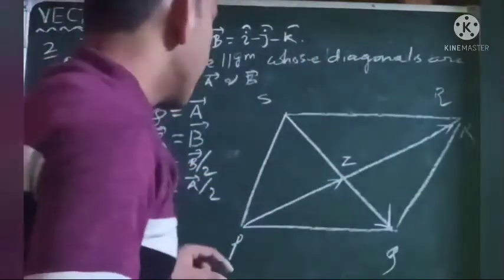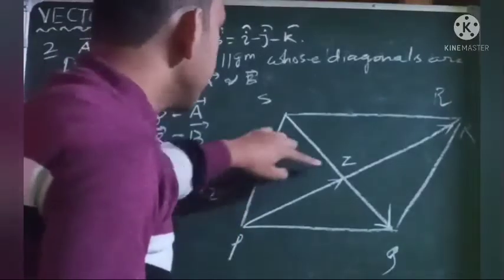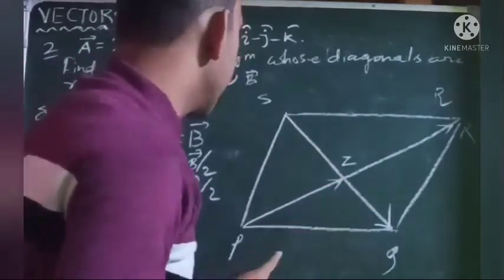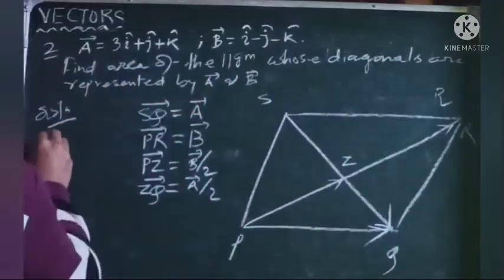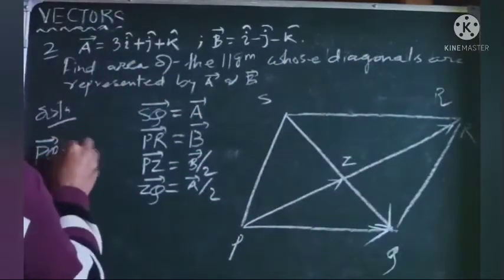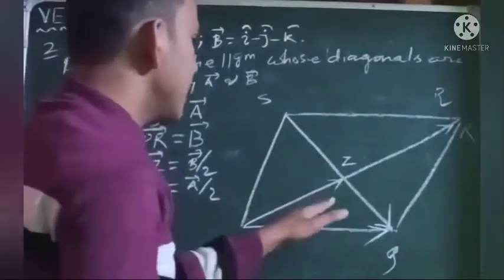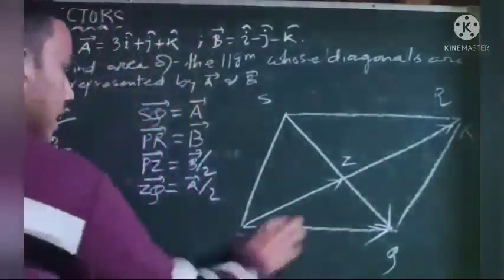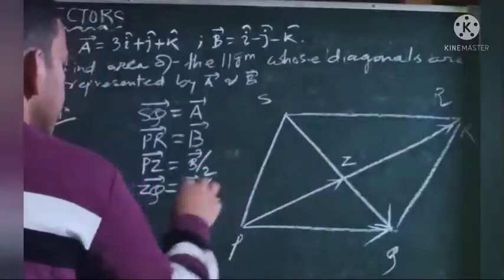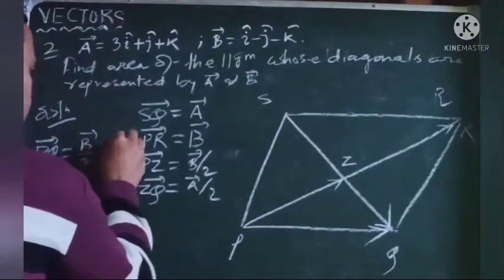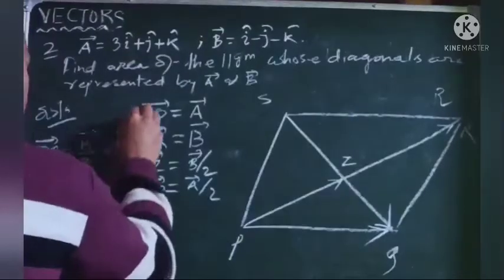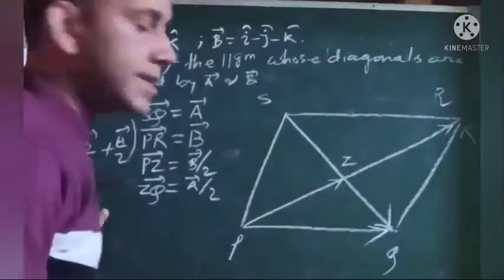Therefore, by triangle law of addition, we can see that PZ vector plus ZQ vector is going to be PQ vector. So we can write b vector upon 2 plus a vector upon 2. This is one adjacent side.